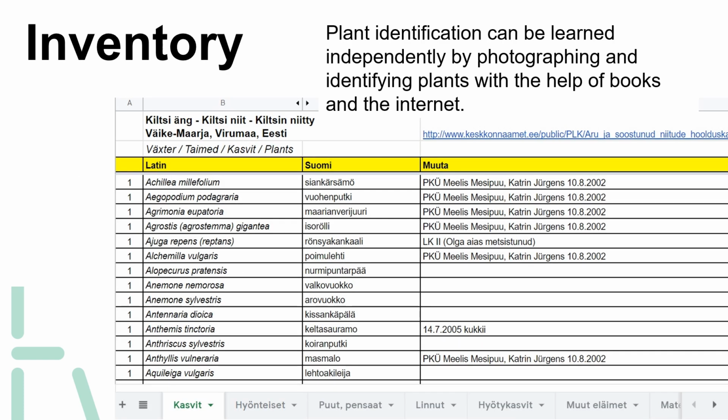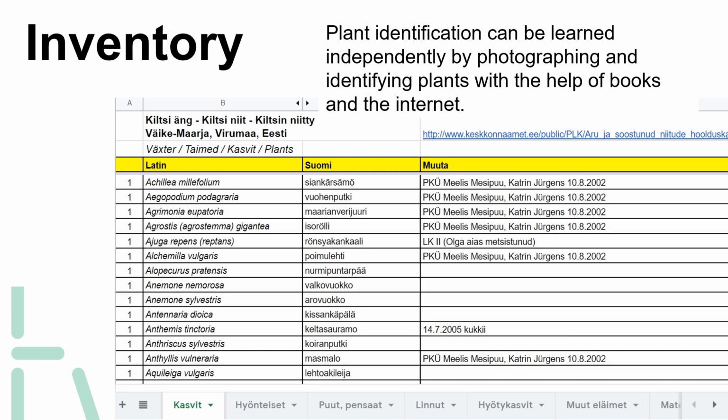Making an inventory of plants means identifying the plants in an area. It can very well be learned independently by photographing and identifying plants with the help of books and internet, asking friends who you know are skilled in plants. I have been doing this with my own meadow for many years already.